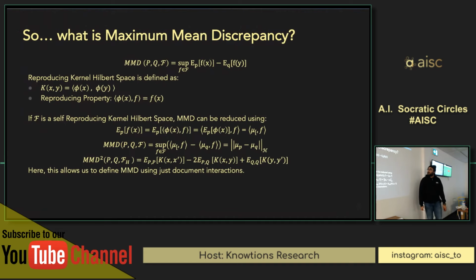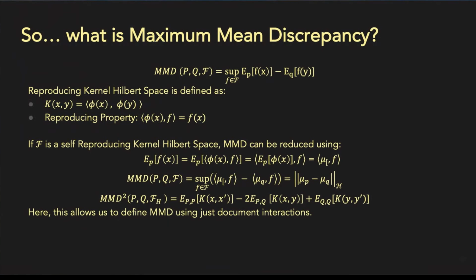So we do go into a little bit of a deep dive into maximum mean discrepancy, and the way it's defined is the supremum of the difference of the two probability distributions P and Q over a function space F, where you are trying to find one function F such that the expectation P of Fx minus expectation Q of Fy is maximized.